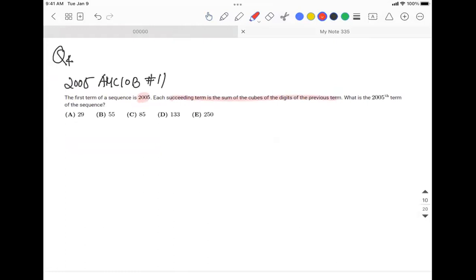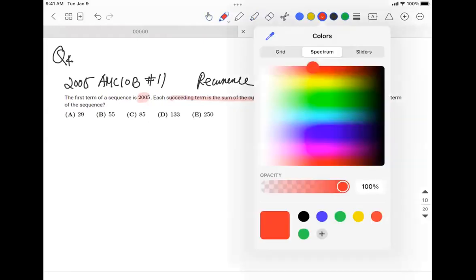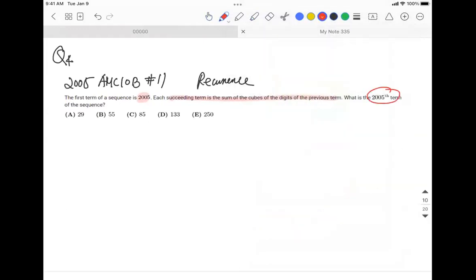This is actually a recurrence formula, but it's difficult to write the math expression for how it looks, but you get the idea, right? With all that information, the question asks you, what is the value of the 2005th term?